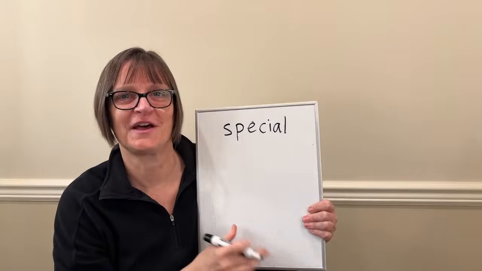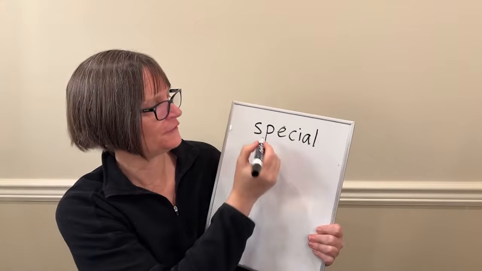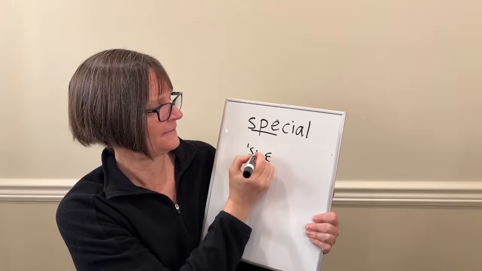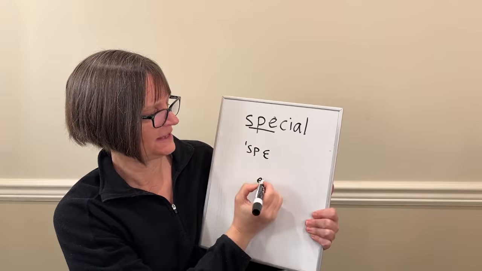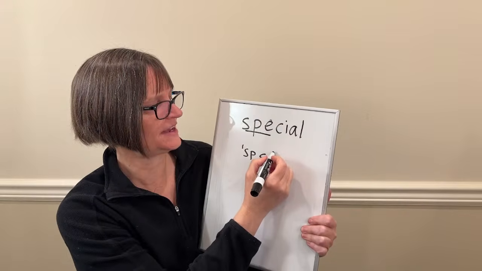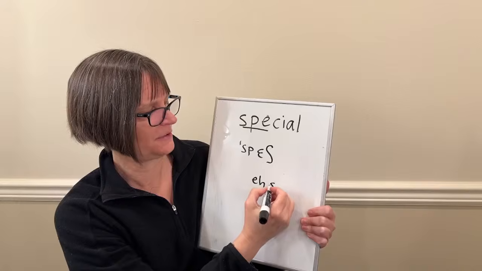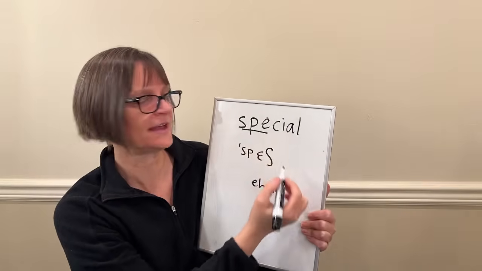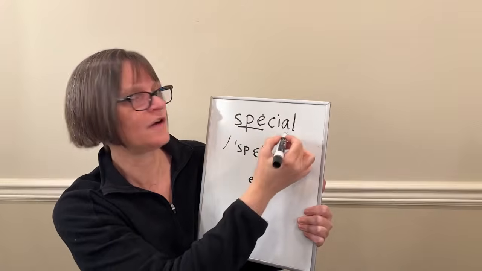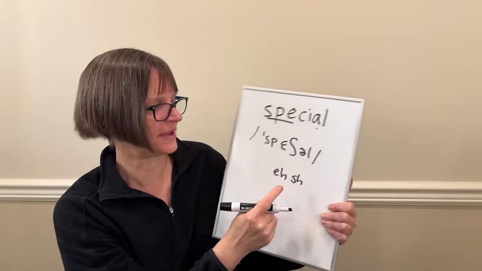Okay, we have a question about how to pronounce special. Let's look at how to pronounce special. We have first syllable stress, and letter E says the eh sound, like in red or tent. Letters CI say the SH sound. So I'll rewrite that with the letters SH. And then we have a very short schwa for letter A and the syllabic L here.